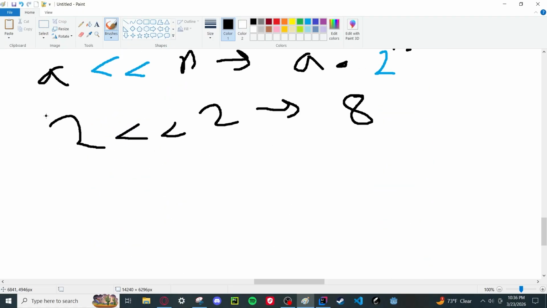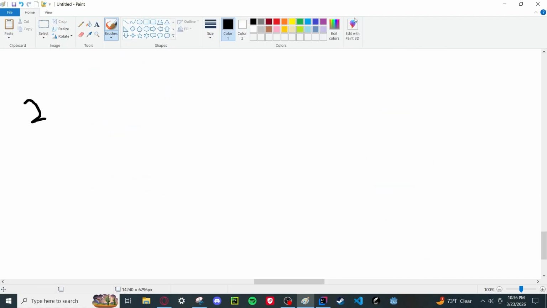Now, you can do the same thing with right shift. Right shift has these greater than signs. So if we're doing 2 right shift 2 and we're dealing with this, right? What would actually happen is you'd shift your numbers to the right too. So we'd shift this to the right by one.